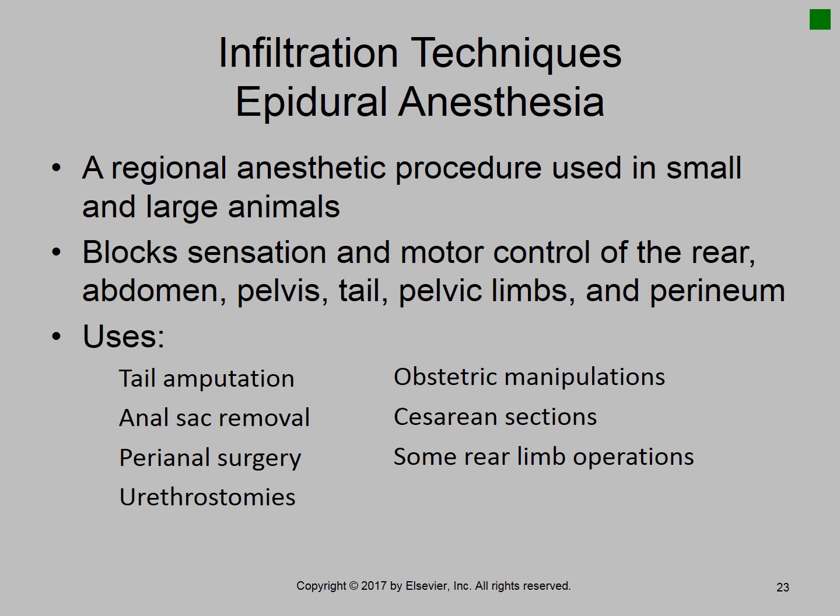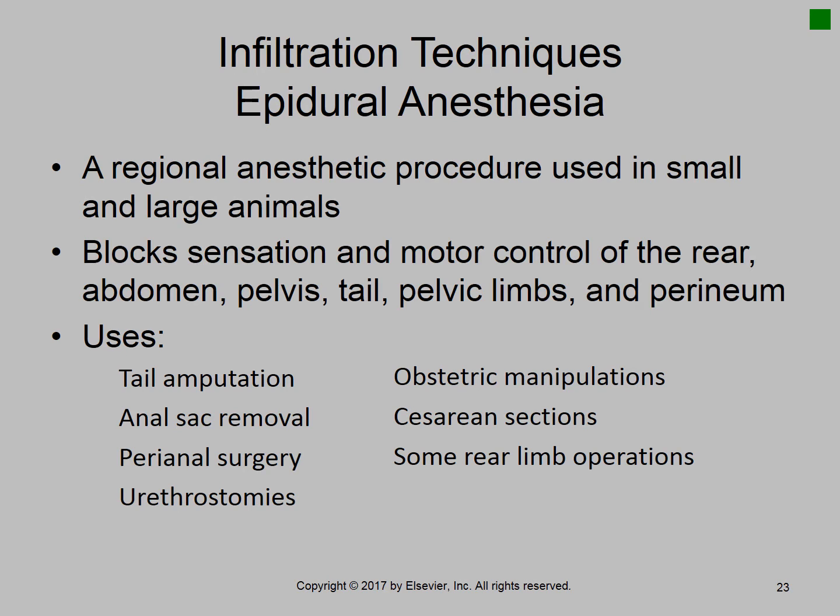Epidurals are a regional anesthetic procedure used in small and large animals. It blocks sensation and motor control of the rear abdomen, pelvis, tail, pelvic limbs, and perineum. Epidurals are increasingly being used. They're being used in dogs, cats, horses, cows especially, and smaller ruminants, sheep, goats.